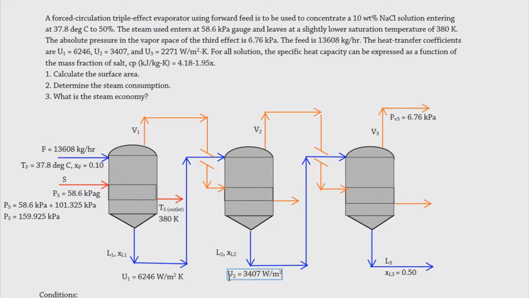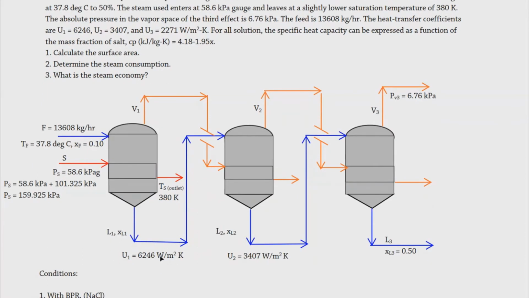So, mahalaga itong U1, U2, U3 na malaman nyo kung saan siya ilalagay. Kasi, what if it's backward feed? So, basically, mababaliktad yung ating mga overall heat transfer coefficient. Pero, syempre, depende yun sa designation ng problem.